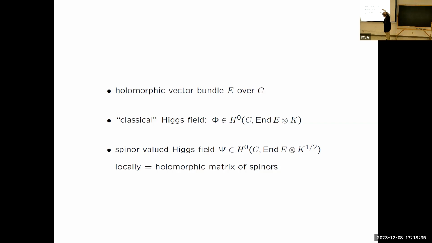Instead of looking at this, what I want to consider is a spinor-valued Higgs field, the title of my talk, where we replace the canonical bundle here by a square root of the canonical bundle. So everything looks very similar, but as you see, there are some essential differences.